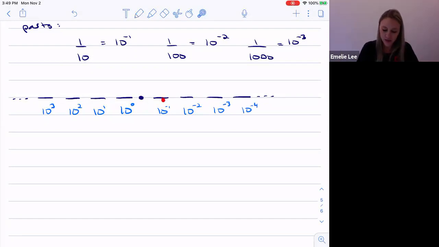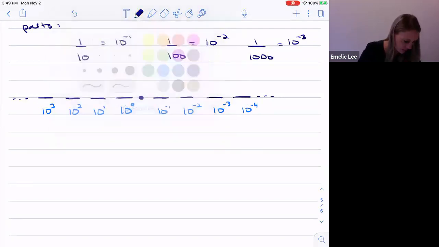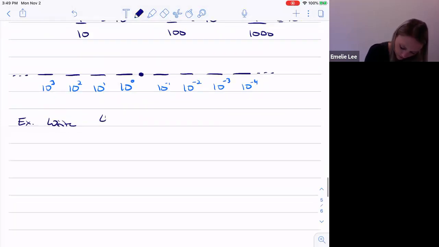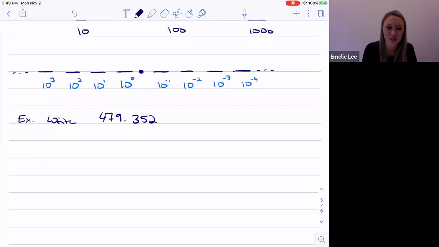So same idea on the right-hand side of the decimal as on the left-hand side, just keeping in mind that you have negative powers. Right? So for an example, what if we have to write 479.352 using expanded notation?